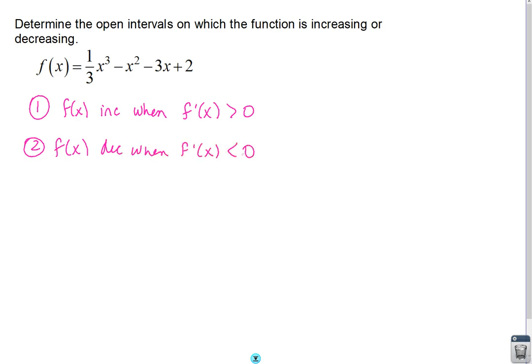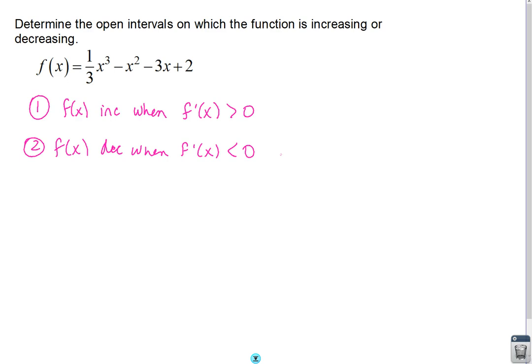So I want to try to find the intervals for where this is occurring. Well, if I want to find positive and negative, I need to determine where it crosses that fine line between positive and negative, and that's whenever your derivative is equal to 0.